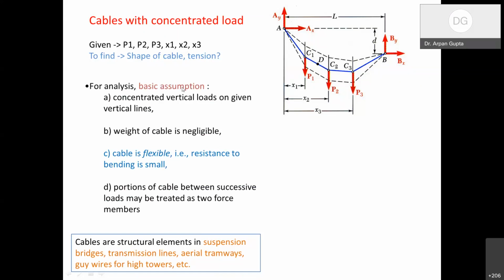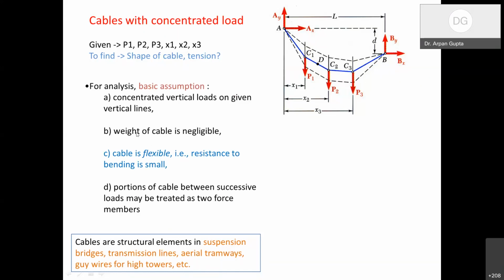For doing the analysis, first of all, we are going to make the basic assumptions. The first assumption is that, of course, the loads are vertical and they are given concentrated loads. The second assumption for now is the weight of the cable is negligible, right? For example, if you have cable cars hanging, or a road, you have load, but with respect to the weight of the cable, we will neglect it.